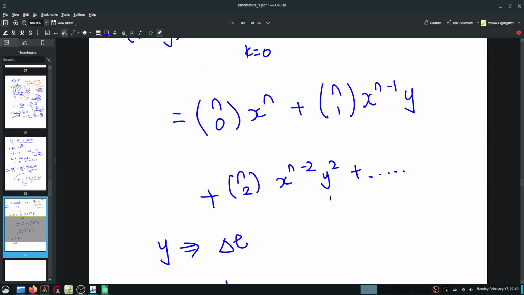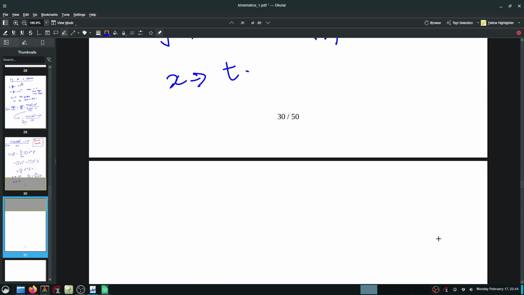Right, I also forgot to explain to you what these are. This is the binomial coefficient. We use something called factorial: n factorial over k factorial times (n minus k) factorial. What's factorial? Just a quick recap.